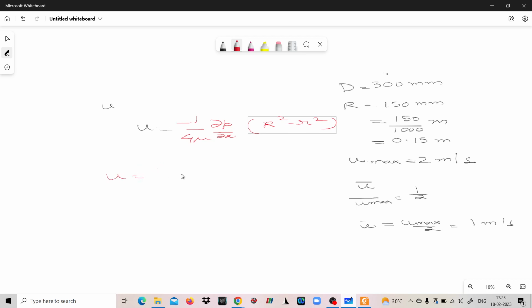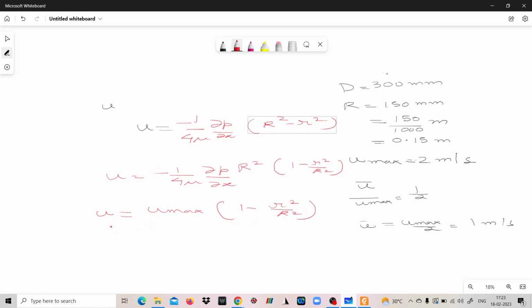So U is equal to minus of 1 by 4 mu del P del X R square times (1 minus r square by R square). Okay, U is equal to U max (1 minus r square by R square).